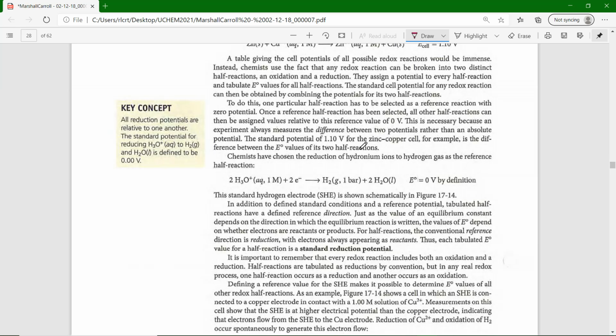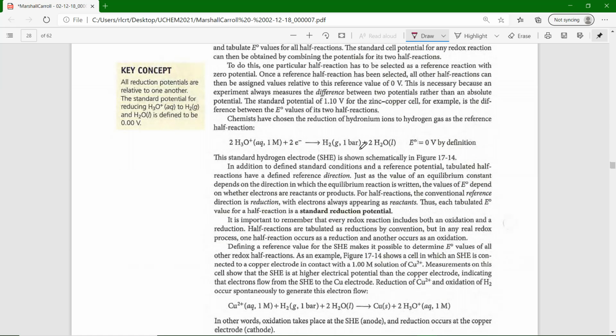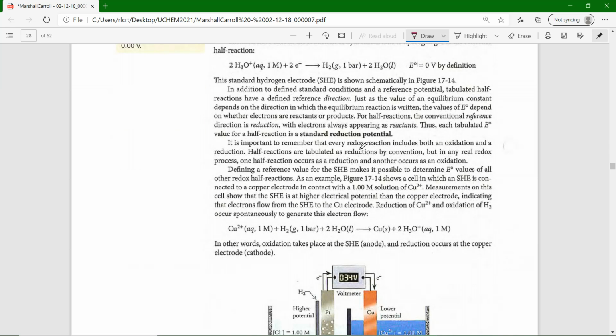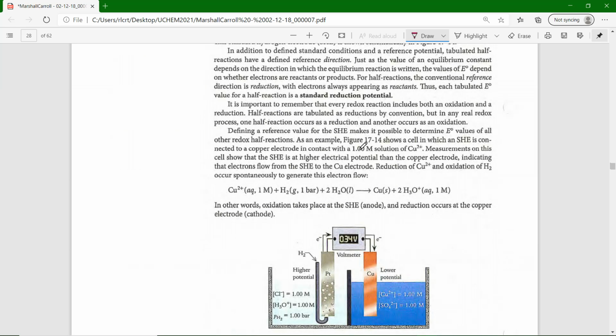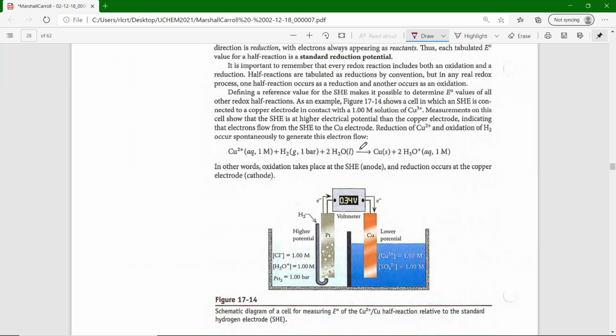The half reactions, we write the reduction. Everything's relative. Yes, that's for sure. Let's take a look at this one here. We have 2 things happening. The copper 2 plus is reduced and the hydrogen is oxidized. And so if I look at the chart, copper 2 plus goes to copper, it's 0.342, okay, round to 0.34.